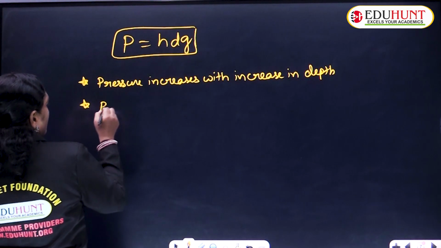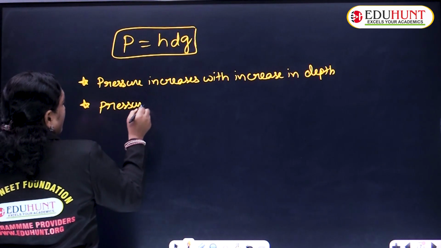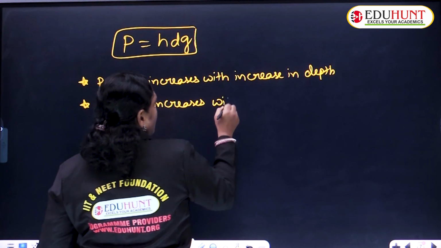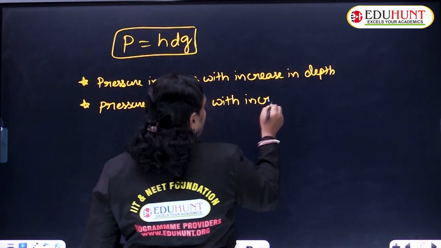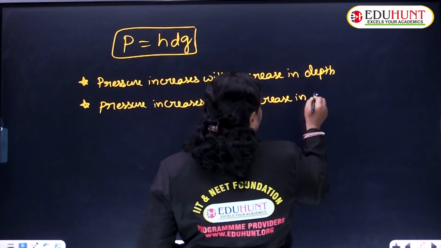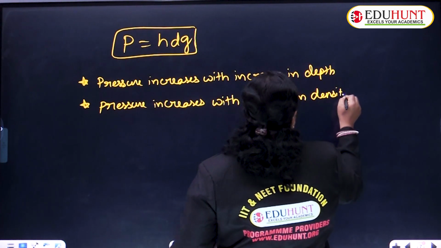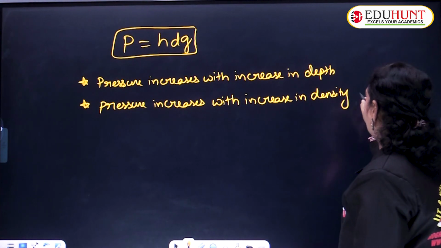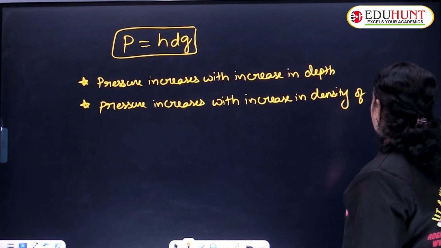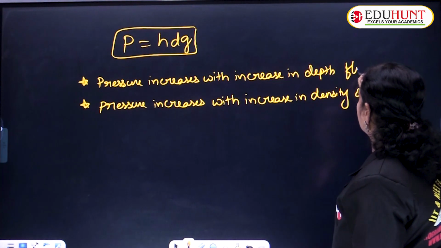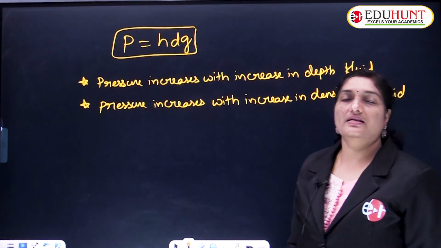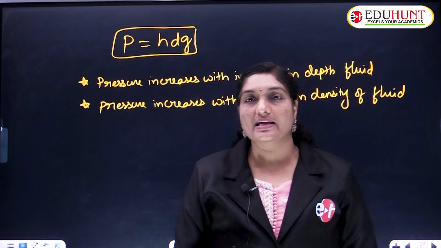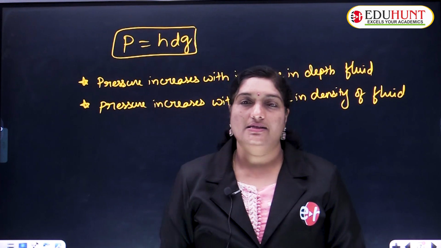So pressure increases with increase in density of the fluid. Here D indicates density and H indicates depth, don't get confused. Pressure increases with increase in depth, and also with increase in density of the liquid.